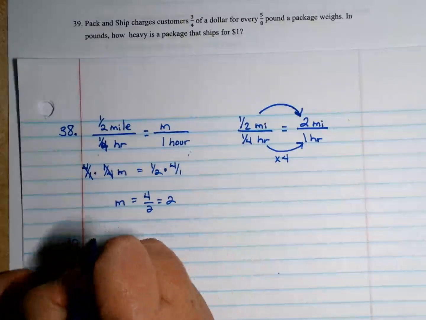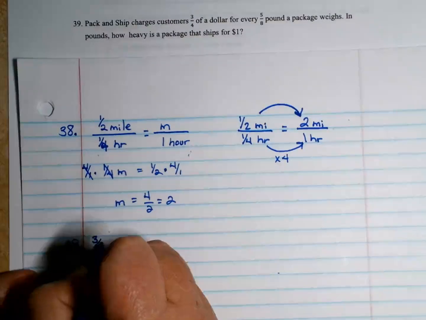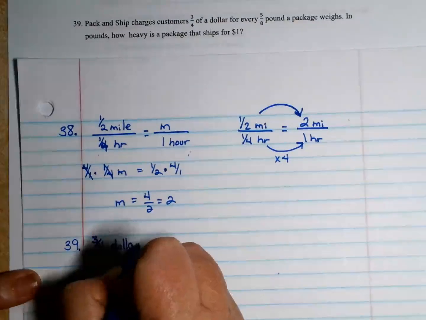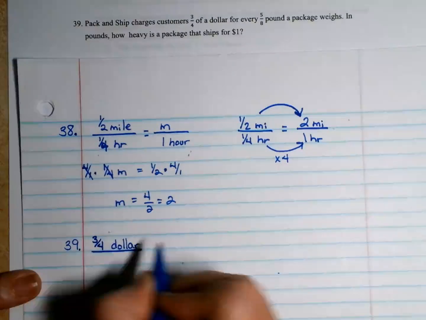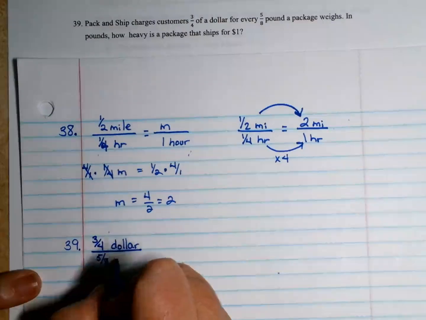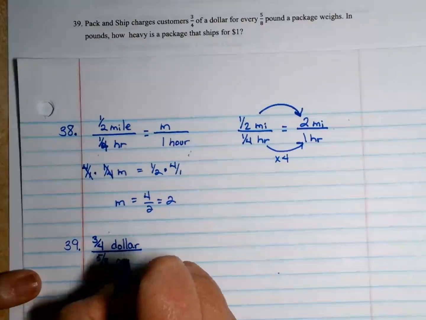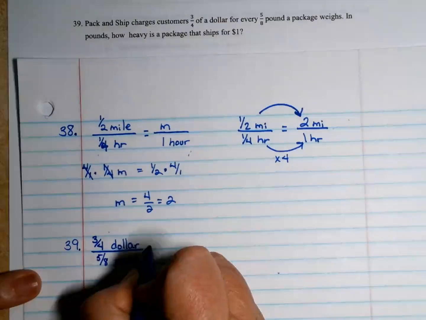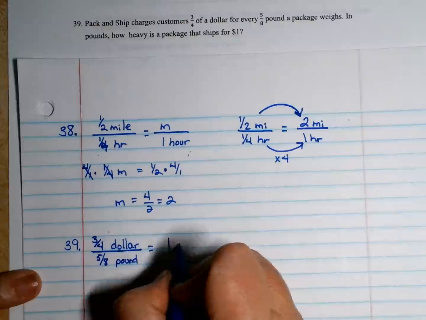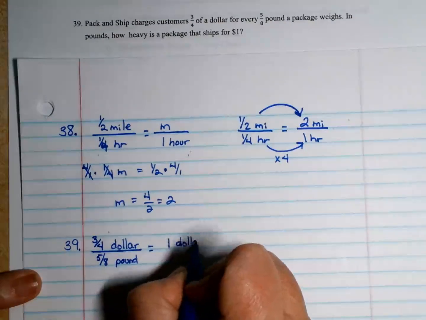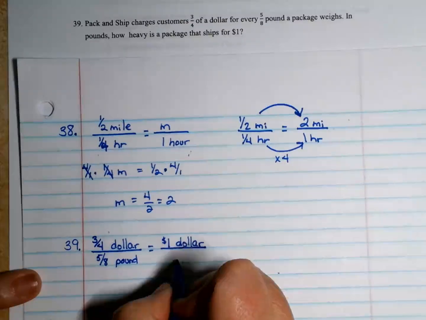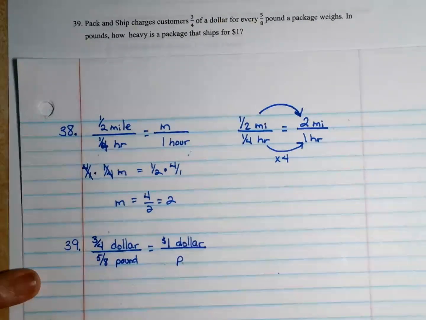So I have $0.75 for every 5/8 of a pound. What they want to know is if my package is $1, then how many pounds is my package?